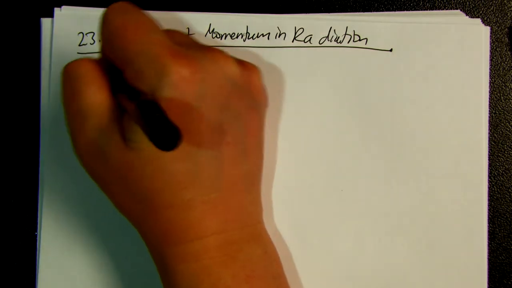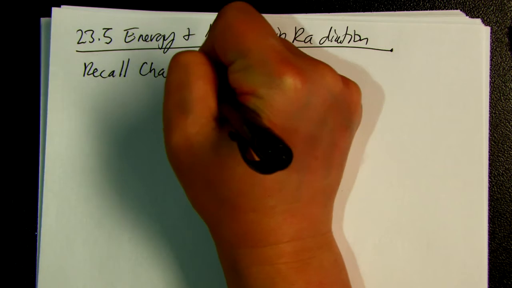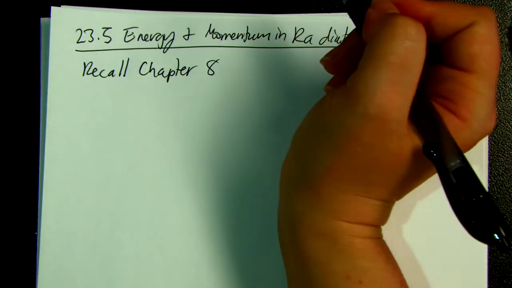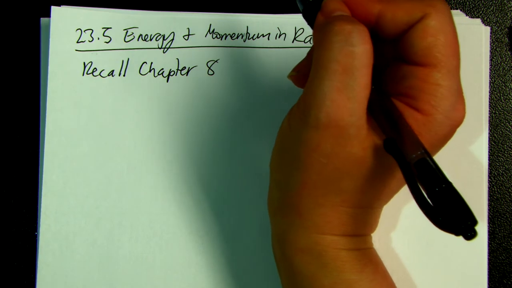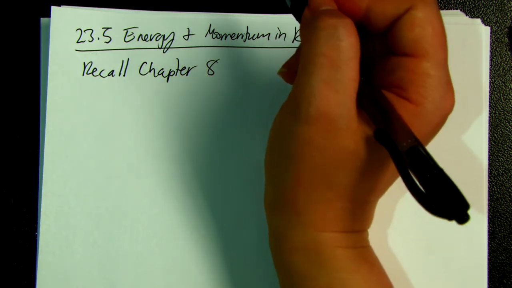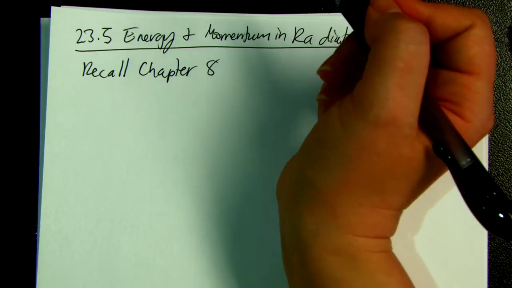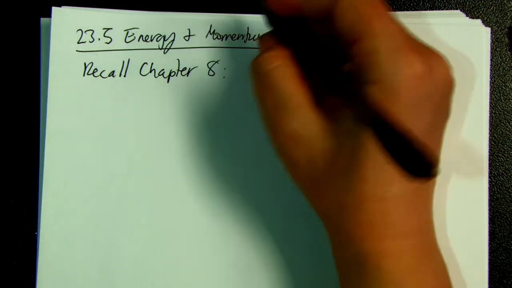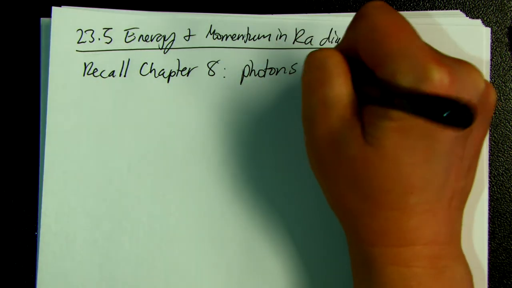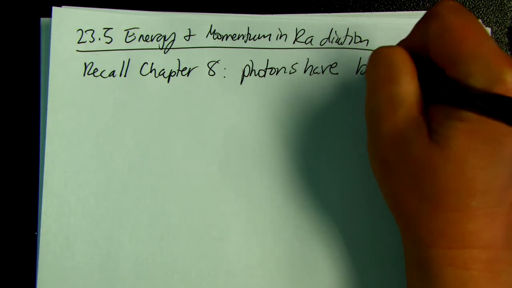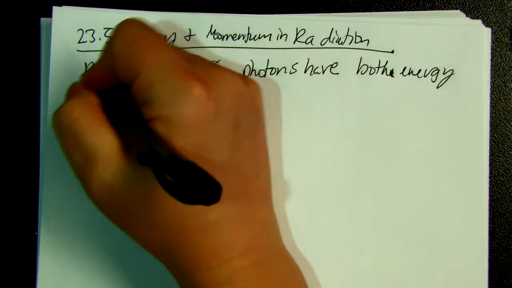So, if you recall back to last fall, chapter 8, which is our fun little chapter on, I can't even call it baby quantum mechanics. It's really like, here are a couple concepts which could eventually take you to quantum mechanics. We learned that photons have both energy and momentum.